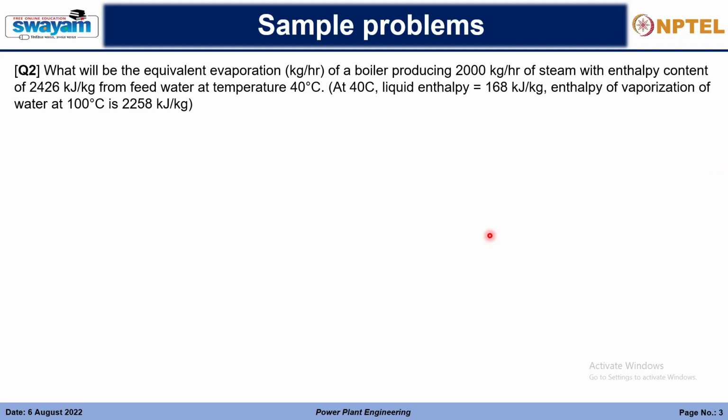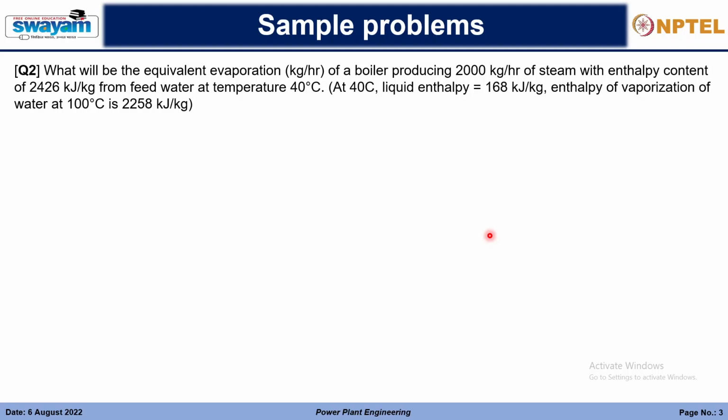So what will be the equivalent evaporation in kg per hour of a boiler producing 2000 kg per hour of steam with enthalpy content of 2426 kilojoule per kg from feed water at temperature 40 degrees Celsius?